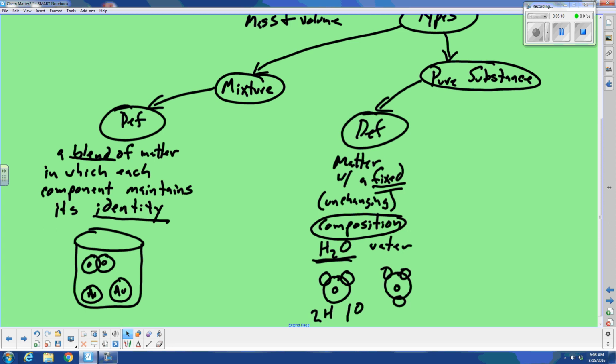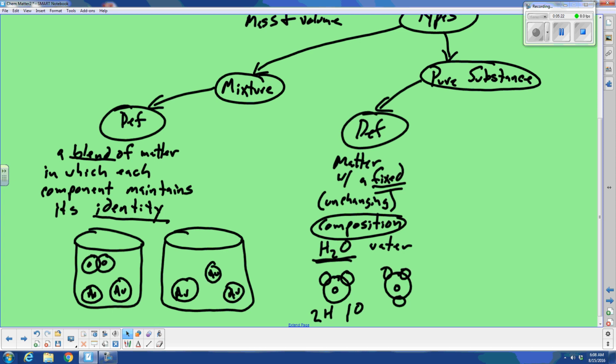Now let's go back over here. Well, Mr. Smith, this looks like a fixed composition. Well, what if I put down 3 golds and had an oxygen? Would we still say this is a mixture of gold and oxygen? And the answer is yes. It is a mixture of gold and oxygen. Over here, I have 1 oxygen and 2 golds.